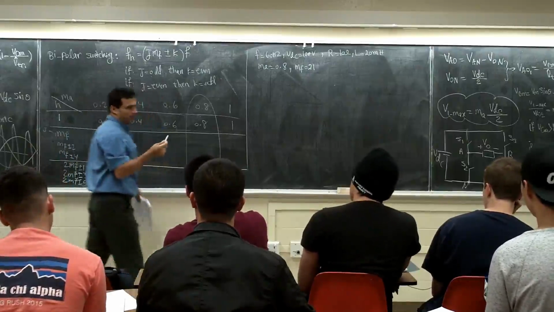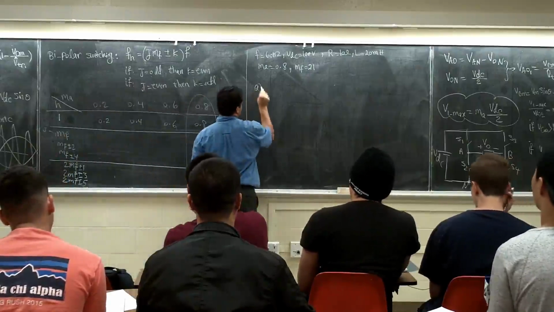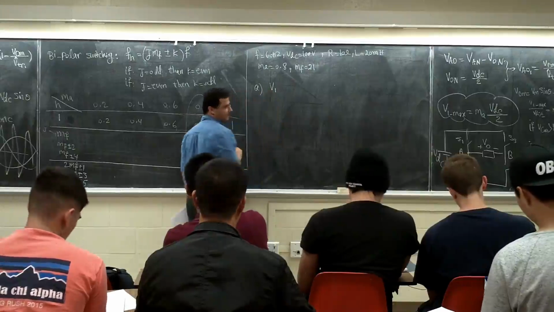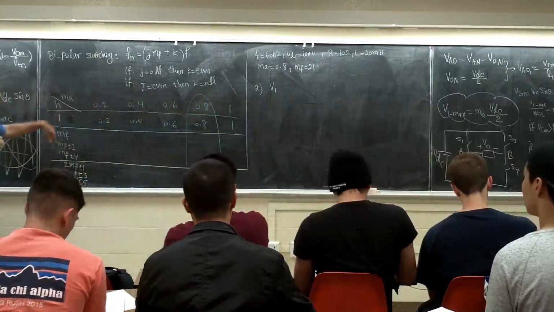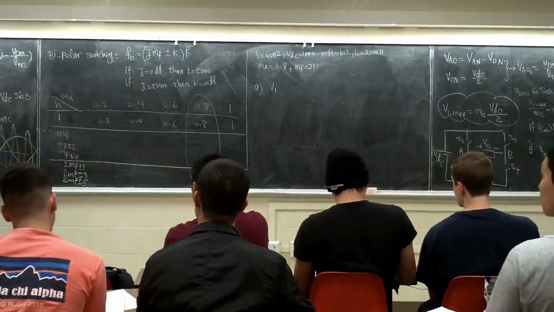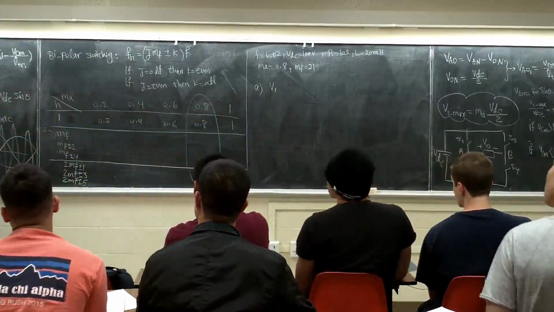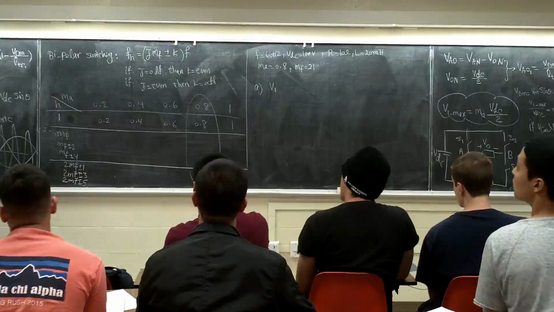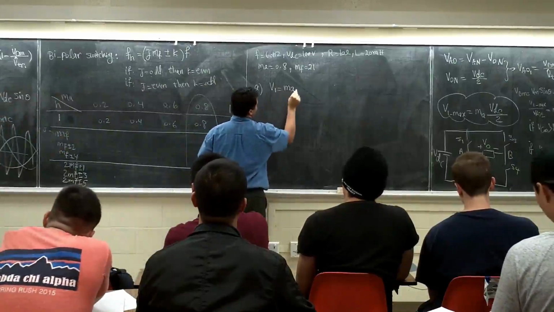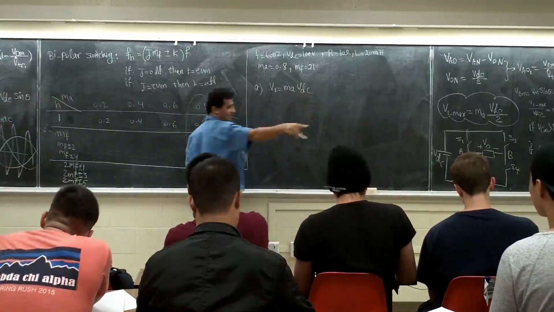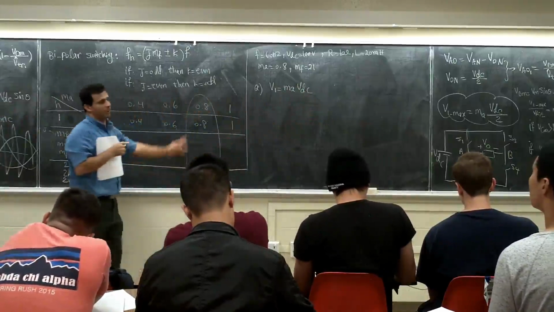It asks how much is the V1 maximum. Somebody tell me, how much is the V1 max? Either we can use this table, or we can use this one. How much is V1? MA times VDC. Or, as he mentioned, you can come to this table.